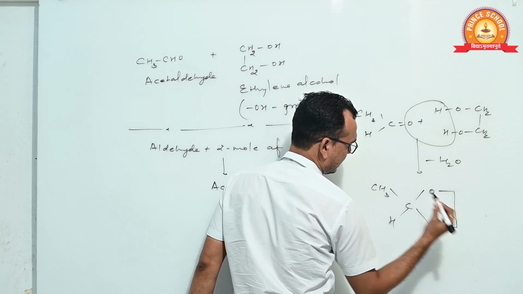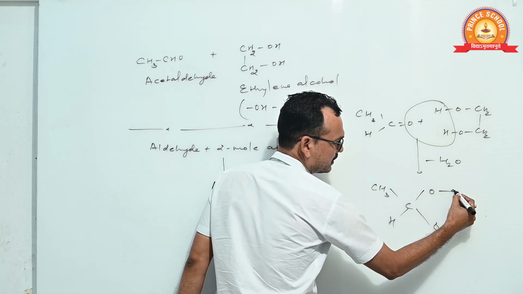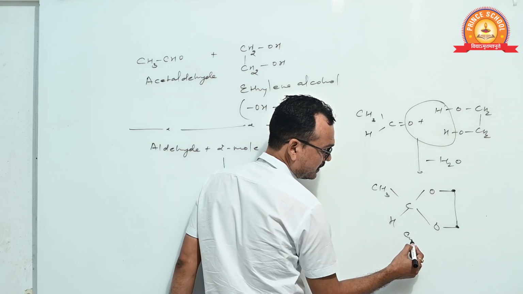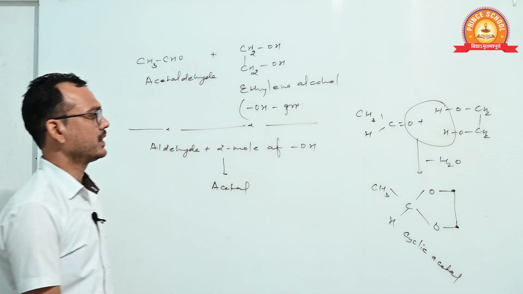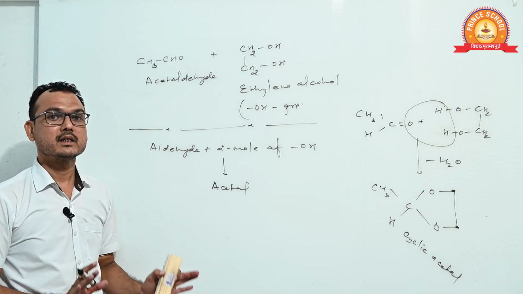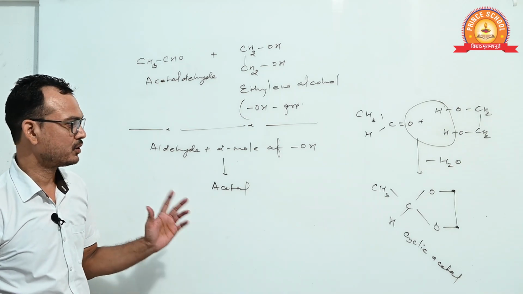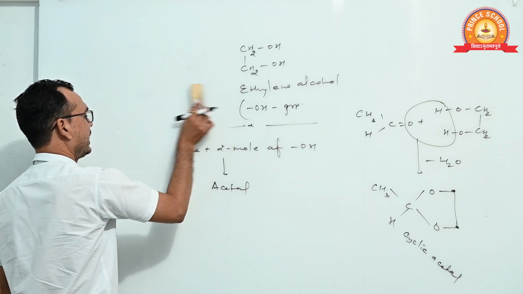This is CH2 and this is CH2. This carbon represents the CH2. It is the cyclic acetal. It is the cyclic acetal. Is that clear? That is our 4th example of nucleophilic addition reaction.